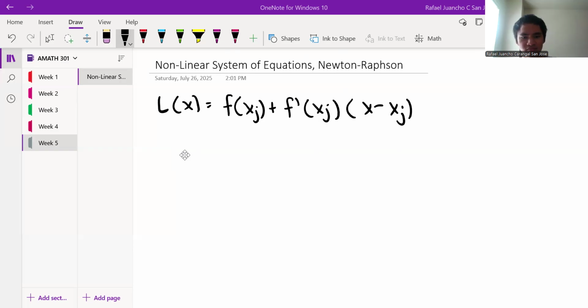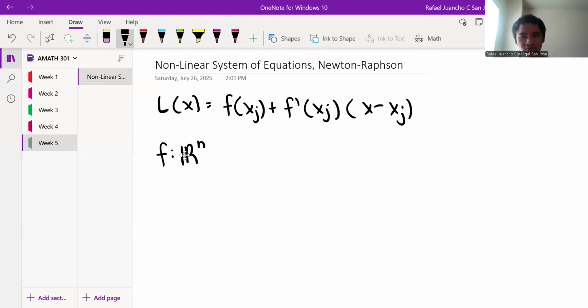So here we say that our function f is continuous, and it's a set of all real valued. We're going to say our function f is a vector.